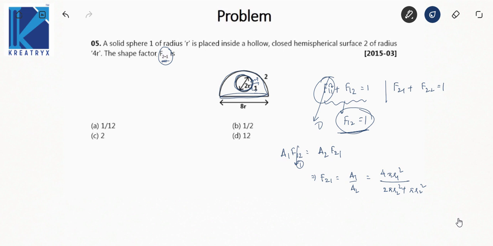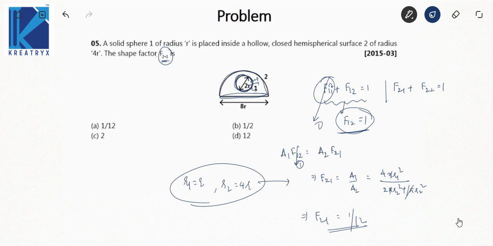Pi gets cancelled out. R1 is R and R2 is 4R. Put the values here. F21 is equal to 1 by 12. 1 by 12, that is option A.